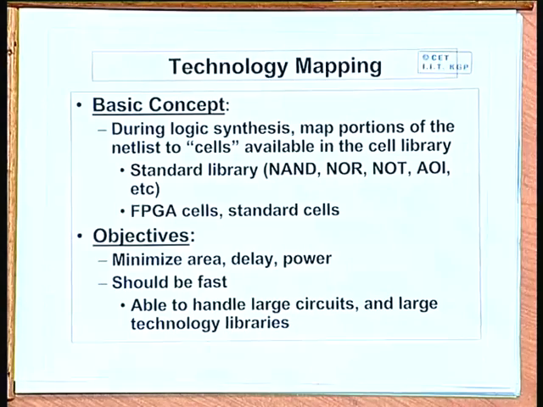There is another step called technology mapping that I had mentioned. Technology mapping is a process where we have a netlist with us and a technology library with us, and we map our netlist onto modules which are available in the technology library.